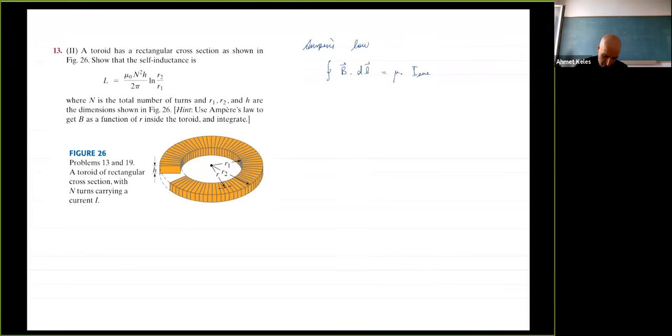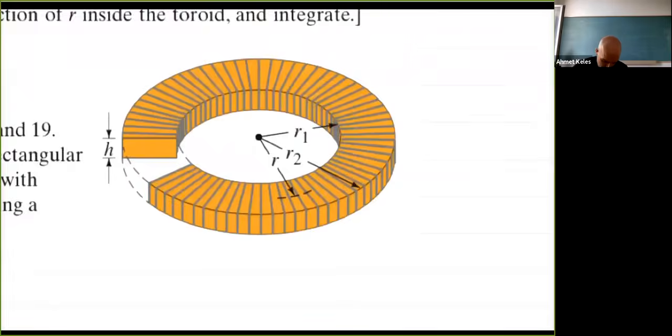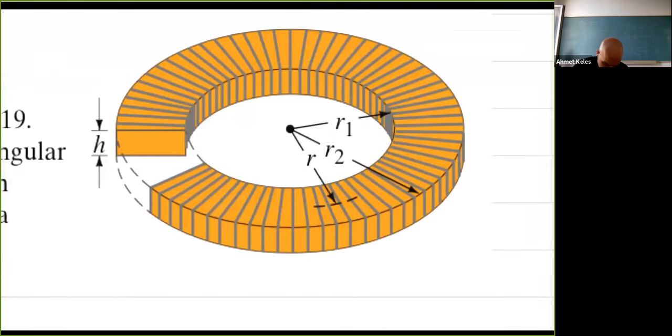And for my Amperian loop, let's choose a line that goes through this donut, like this. And for its radius, I want to choose something like R. So this line penetrates through the squares, each square in this plane.